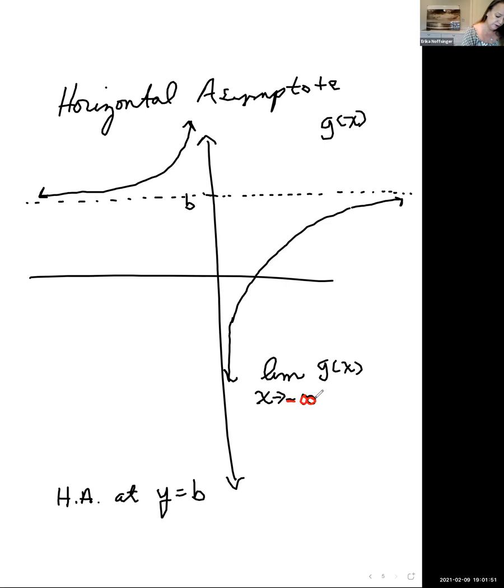The x values are getting smaller and smaller, going to negative infinity. We want to see what's going on with our y value. Well, as this is going off to negative infinity, our y value is getting closer and closer to hugging the line y equals b. And so the limit as x goes to negative infinity of g of x is going to equal the y value of b.